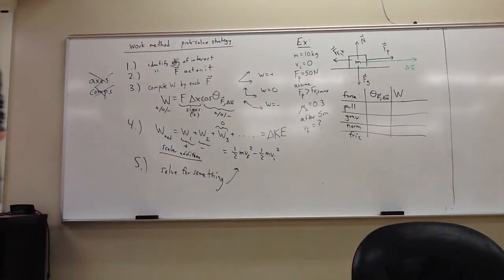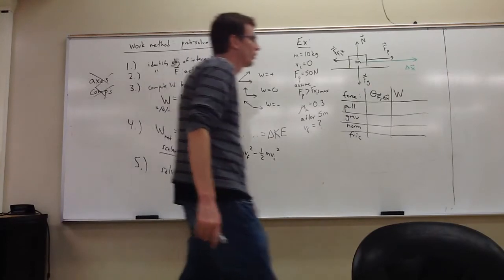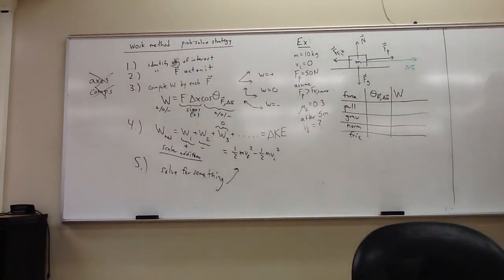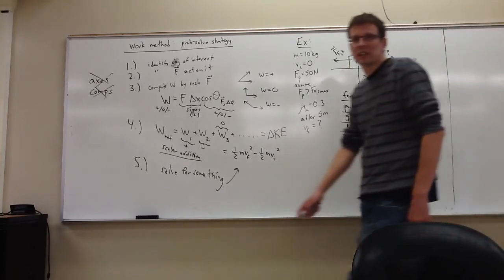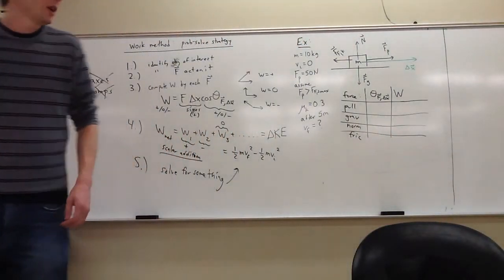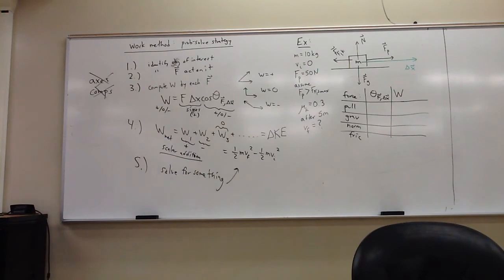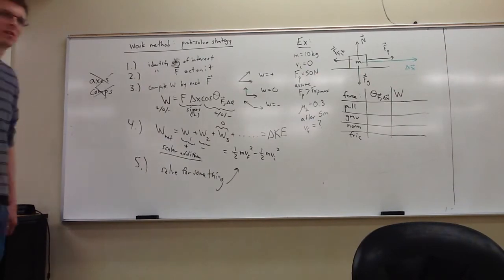We have to imagine placing the displacement vector tail to tail with each force in turn. Luckily, it's almost already drawn like that. What is the angle between the displacement and the pulling force? 0.